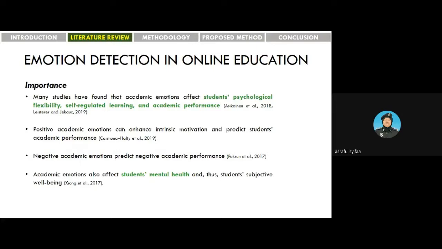Many studies have found that academic emotion does affect students' psychological flexibility, self-regulated learning, and also academic performance, where academic performance can be divided into 2 types, either positive or negative. Researchers also found that academic emotion does affect students' mental health. So it is related to the student's subjective well-being.